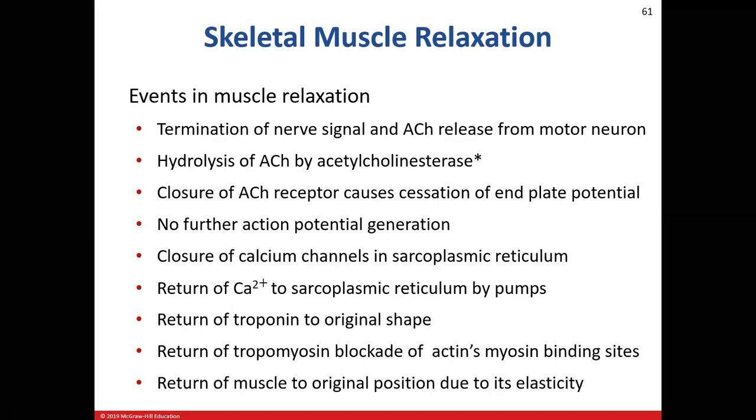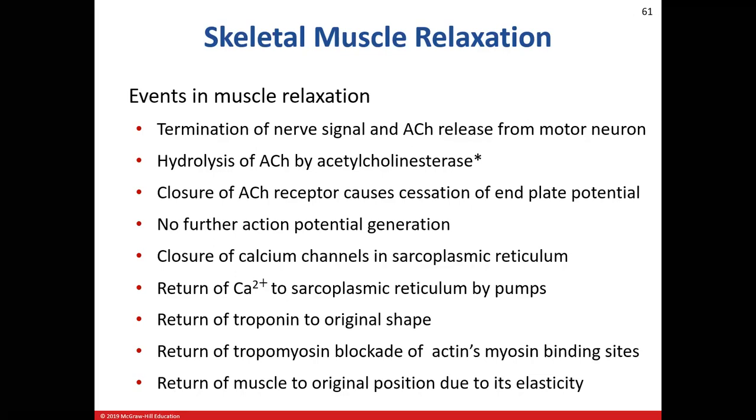Because we no longer have acetylcholine in that particular part of the synaptic cleft, we have the closure of our acetylcholine receptors, and this causes a stoppage of the end plate potential, which means we have no further action potential being generated down the sarcolemma.